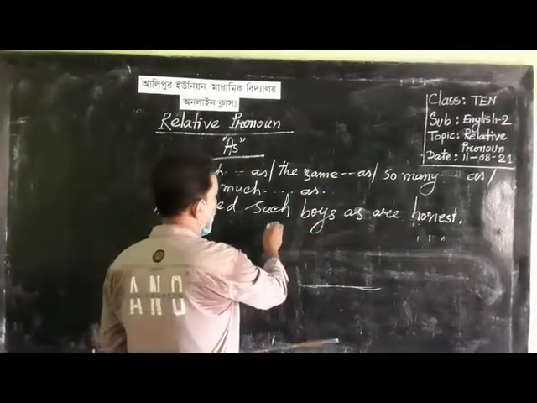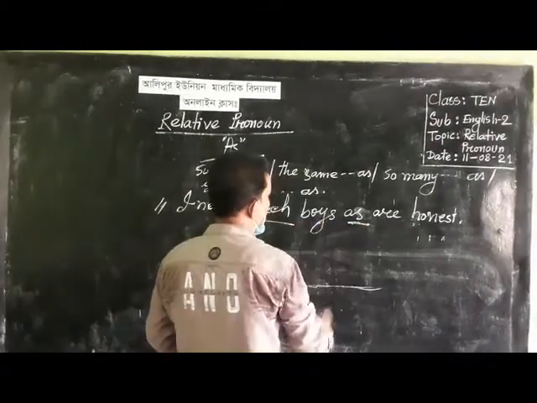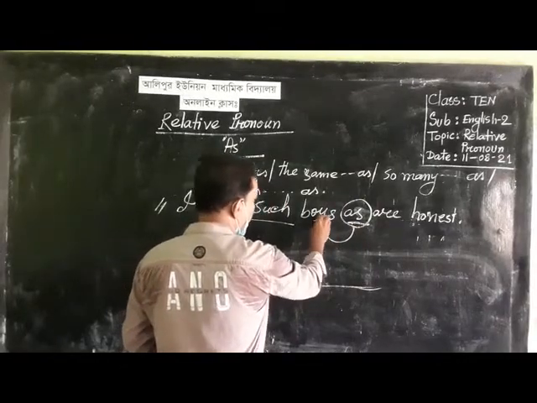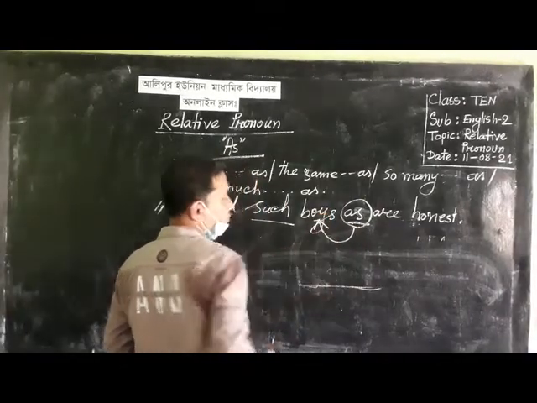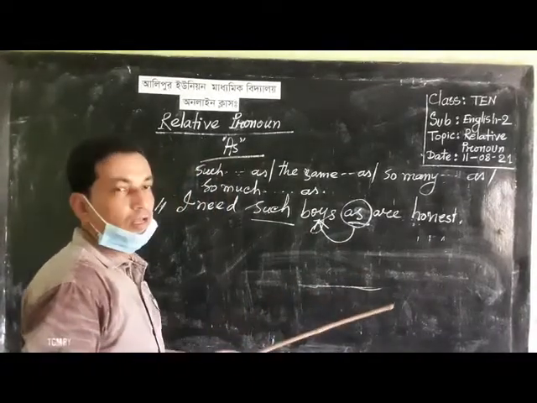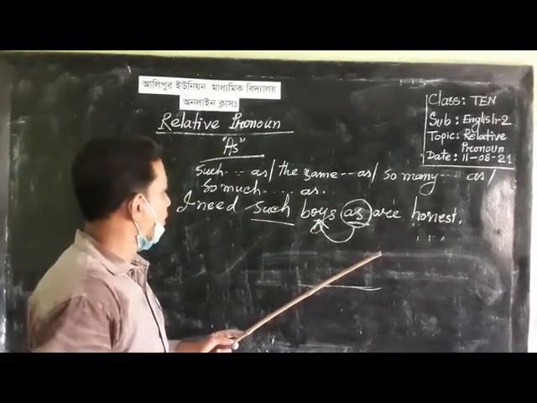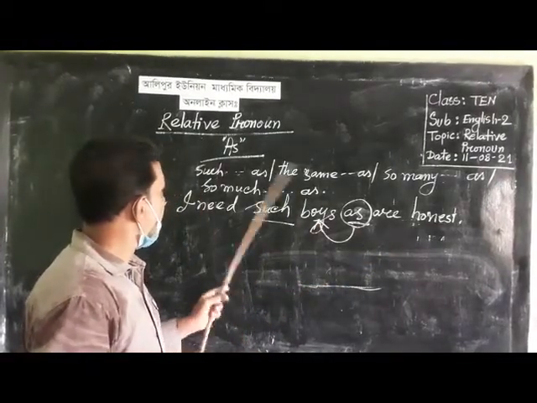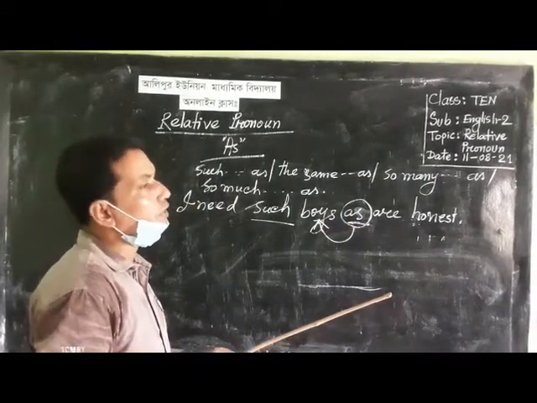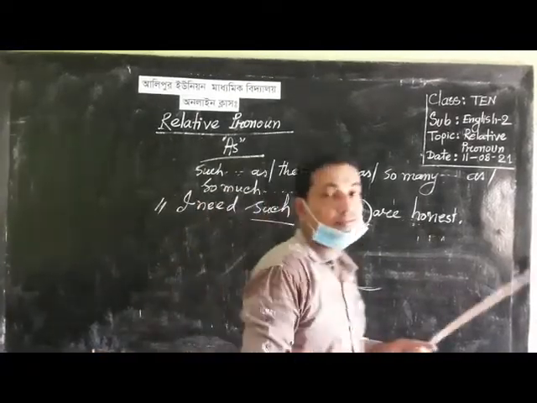Here as is used following the formula such, dotted as. So as is followed by a noun, and it indicates the noun, the antecedent of the sentence. Such is used in this way in every kind of sentence, and this as is called a relative pronoun. As we know, as is used as a conjunction, but here as is used as a relative pronoun.